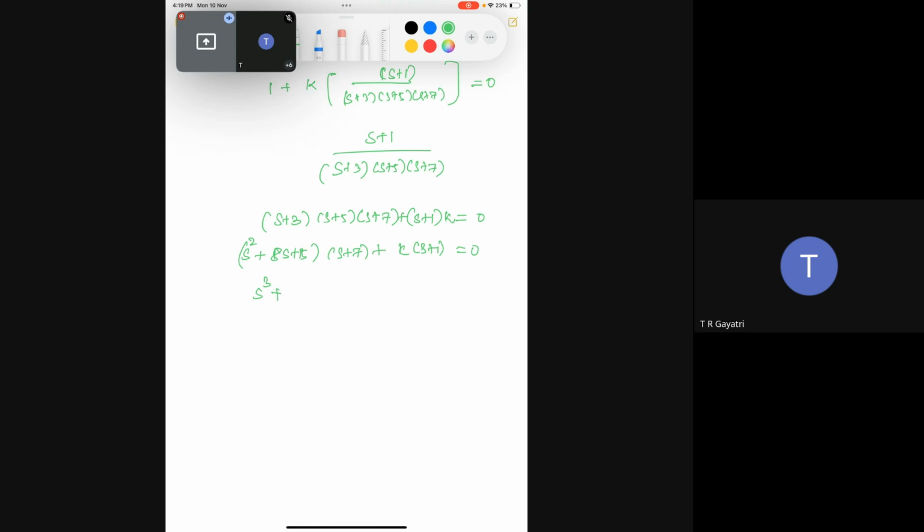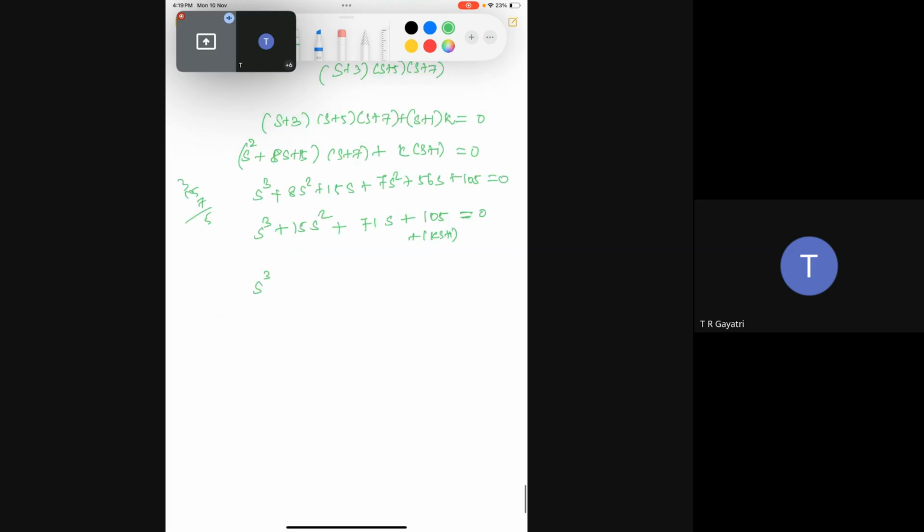Expanding, s cube plus 15 s square plus 71 plus k into s plus 105 plus k equal to 0.